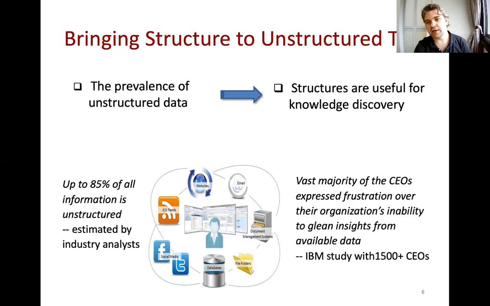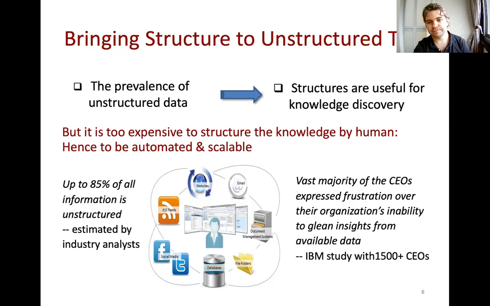Structures are useful for knowledge discovery. Structures can be built by humans when it comes to a small company, maybe 10, 15 people, but it's too expensive to build this structure by humans for very big organizations. There's a couple of startups that are really busy with this. If you look at a startup called Tiger, they're in the Russian market. They were created in Singapore, but they're also led by Russians.